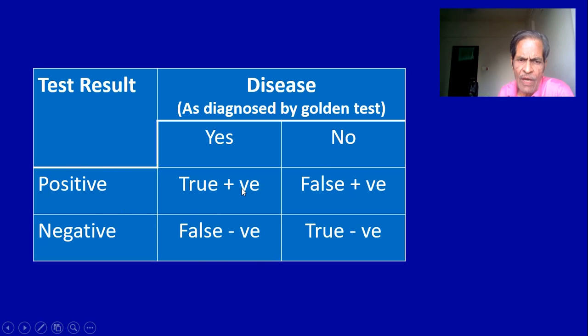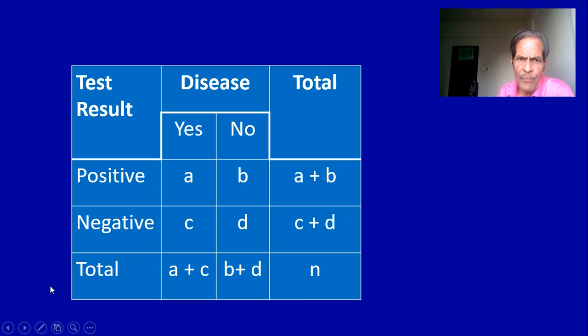False negatives are the individuals who are declared as having the disease by the gold standard but are declared negative by the new diagnostic test. And the true negatives are the individuals who are declared as not having the disease by the gold standard as well as the new diagnostic test.